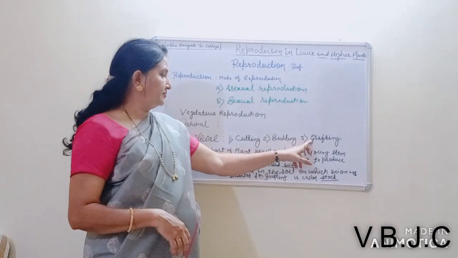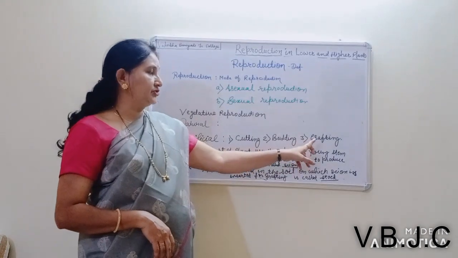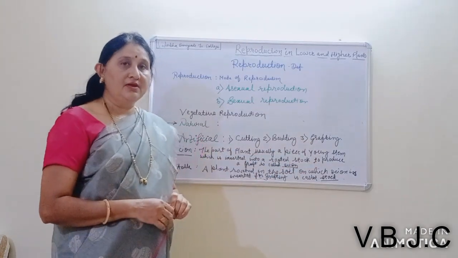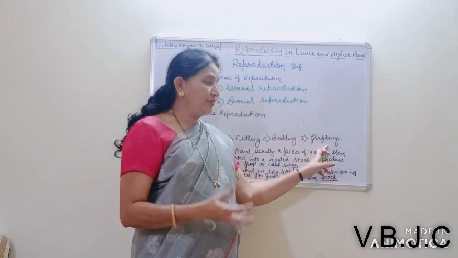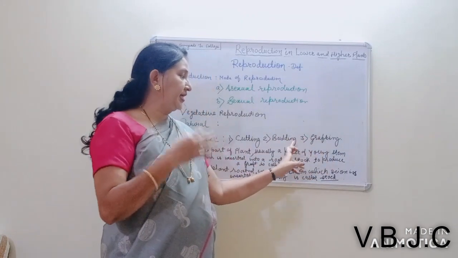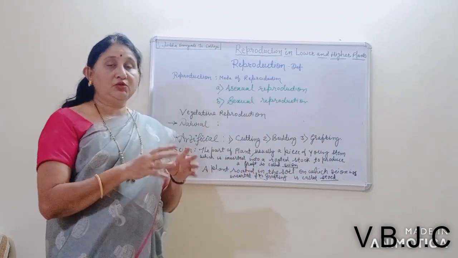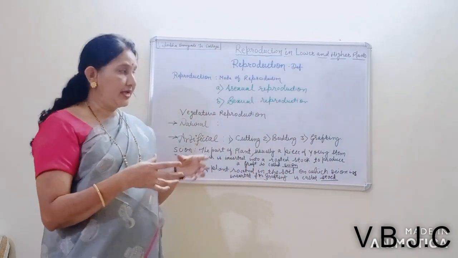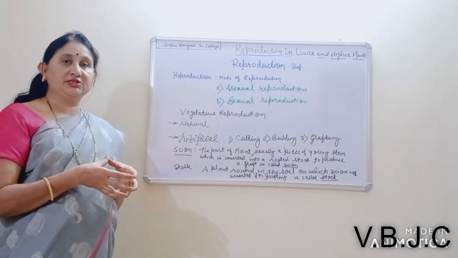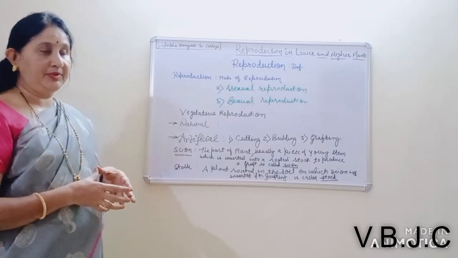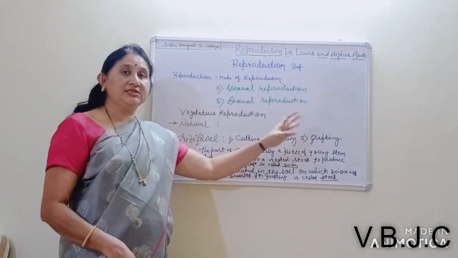After this, another part of artificial reproduction is known as grafting. Grafting is one of the techniques. Budding is also one of the forms of grafting. Mainly in grafting, two different plants are combined or joined to each other with the help of the cambium and grow as a new individual.